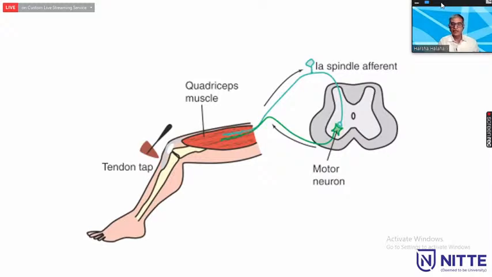It is basically a 2-neuron network, one afferent neuron and one efferent neuron, and they communicate within the anterior horn of the spinal cord. And we have all aspects of the fundamentals of neurobiology happening here. Sensation, converting that sensation into a signal, transmitting that signal through a neuronal axon, conveying that information into a second neuron.